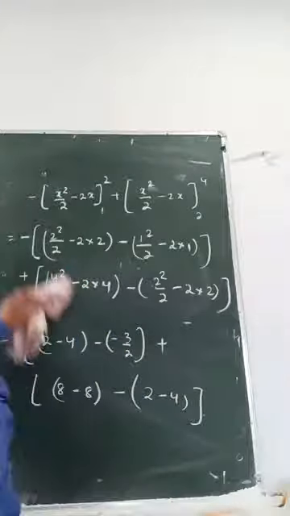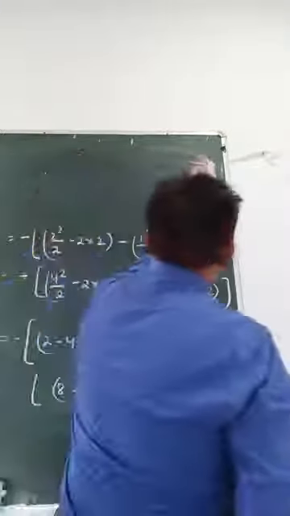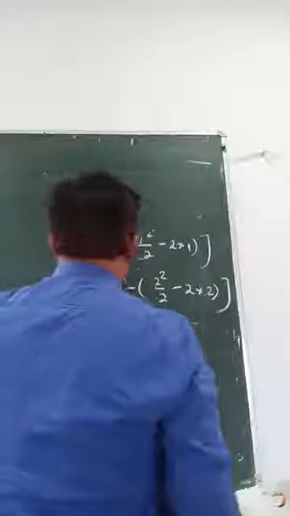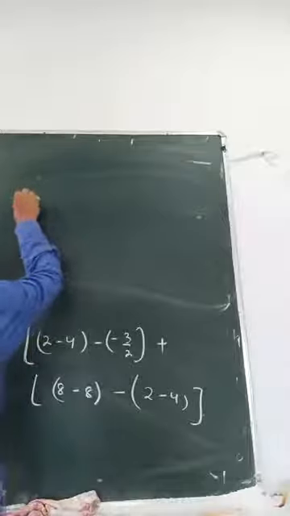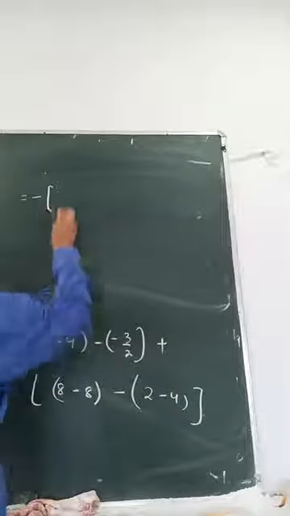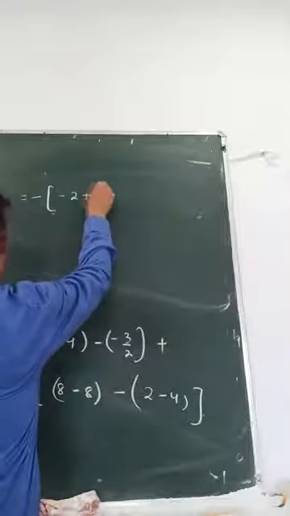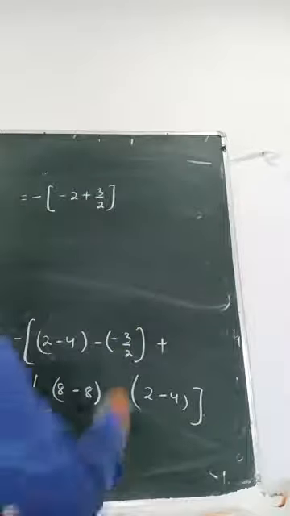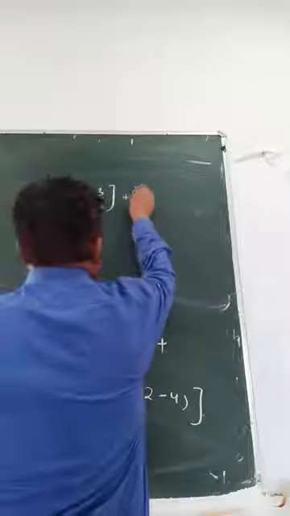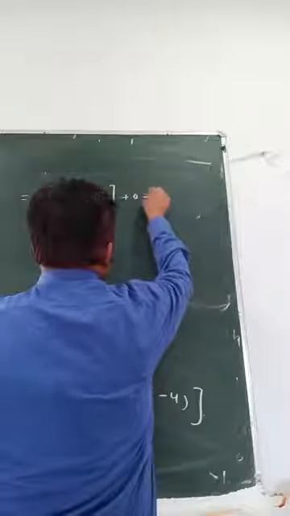So minus of minus 2 plus 3 by 2. This is 0, minus minus plus 2.